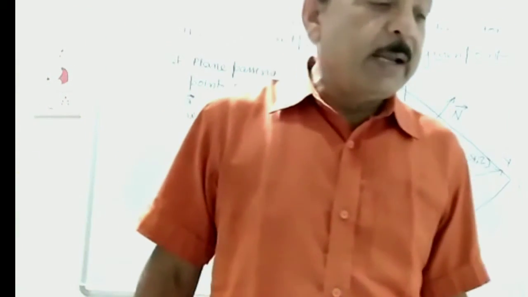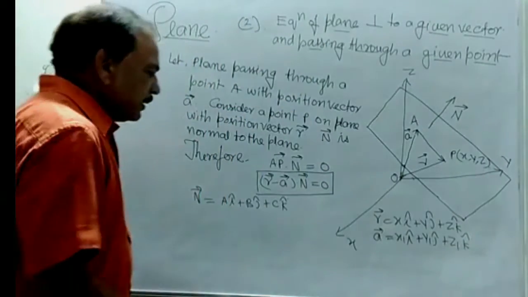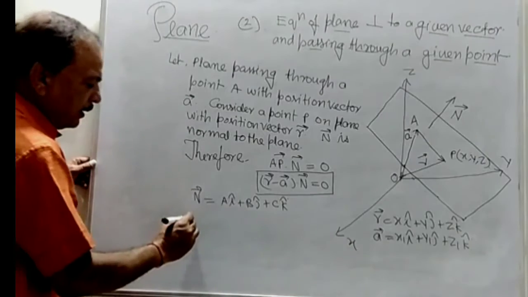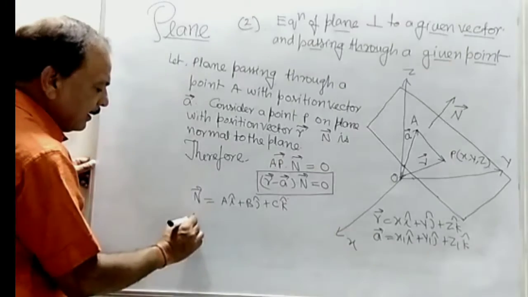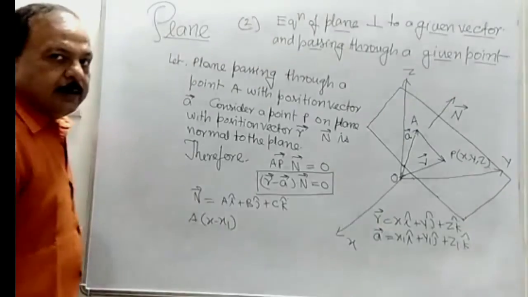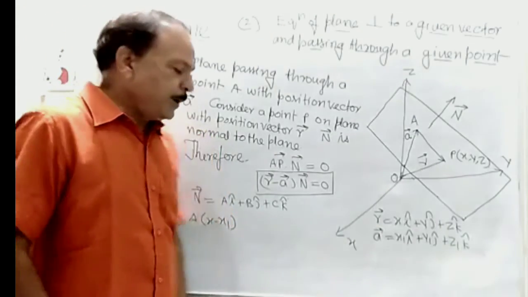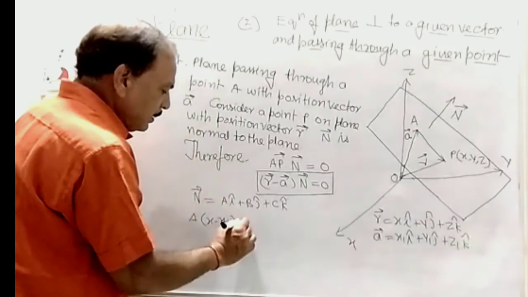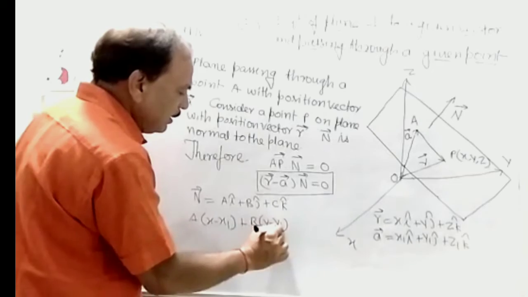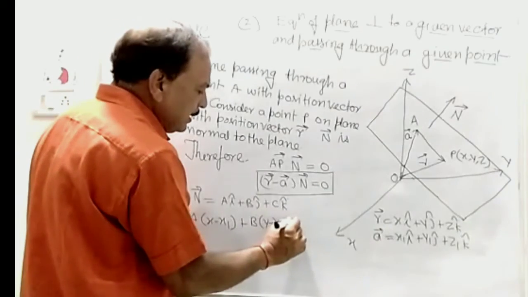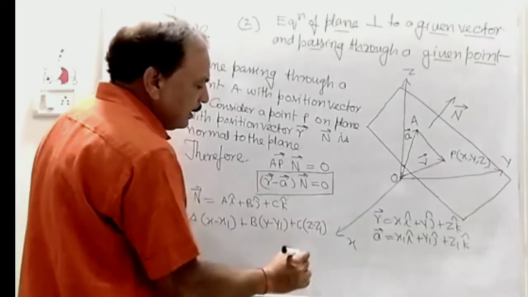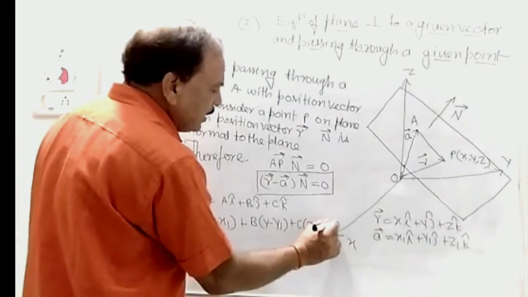where a, b, c are the direction ratios of the normal to the plane. So the Cartesian form of the equation of the plane we can write as a(x minus x1) plus b(y minus y1) plus c(z minus z1) equal to 0.